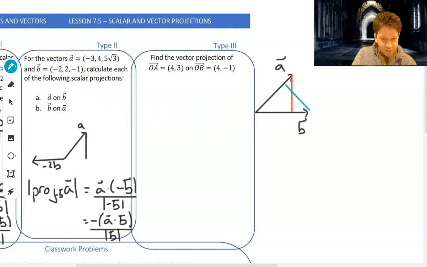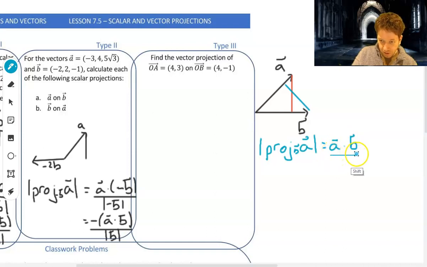Alright, so let's start with the projection of A on B, the scalar projection. The projection of A on B is going to equal their dot product, so A dot B, divided by the magnitude of B. Alright, well let's work through those.